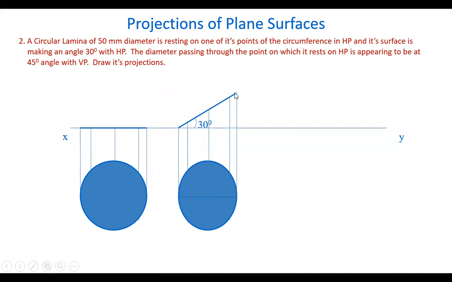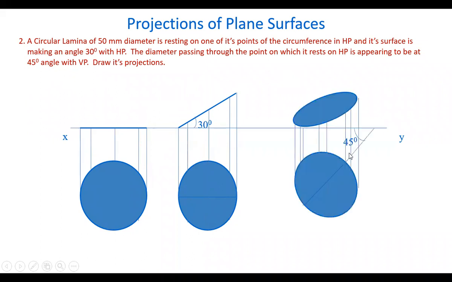Take just the straight line here and it is making 30 degrees angle with the HP. Now, this 45 degrees angle will be apparent angle because this line is already making an angle with the HP. When you take this diameter here, that will be the 45 degrees angle, that will be the apparent angle.